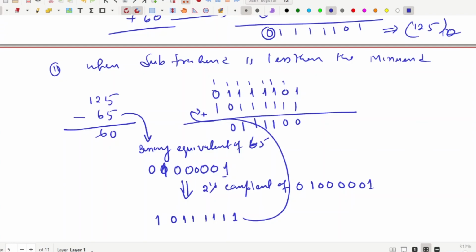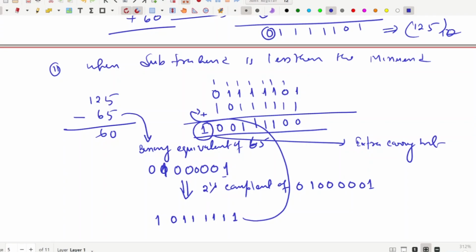So this is the result, and here we see that the result contains 9 bits. The numbers are represented in 8-bit format, but the result contains 9 bits. This means this is the extra carry bit, and this extra carry bit represents that the result is positive. And what is the result?